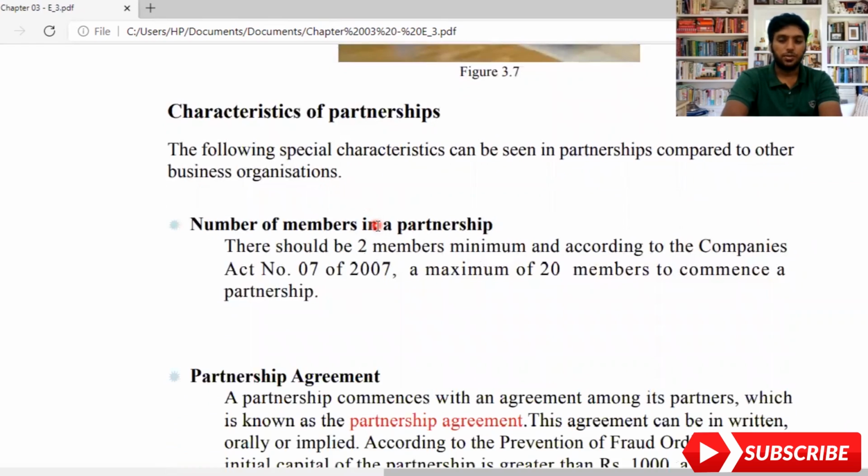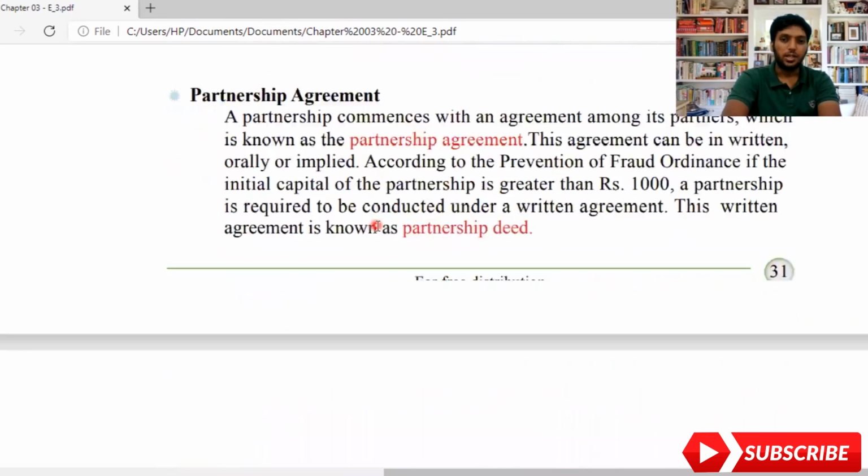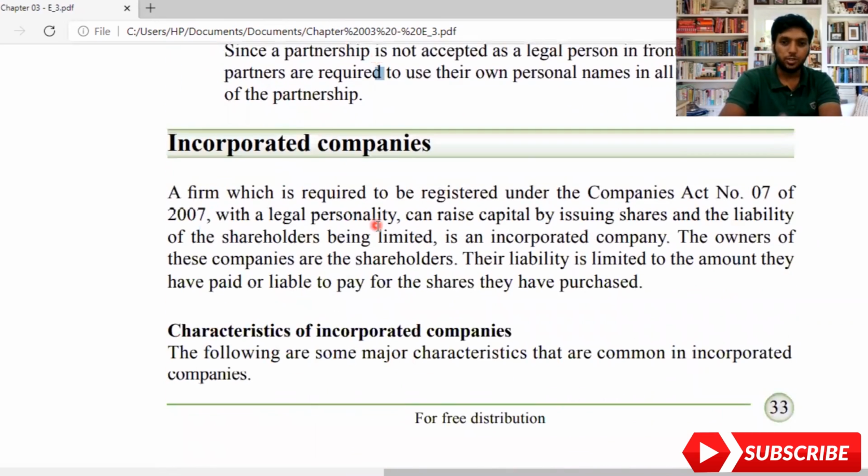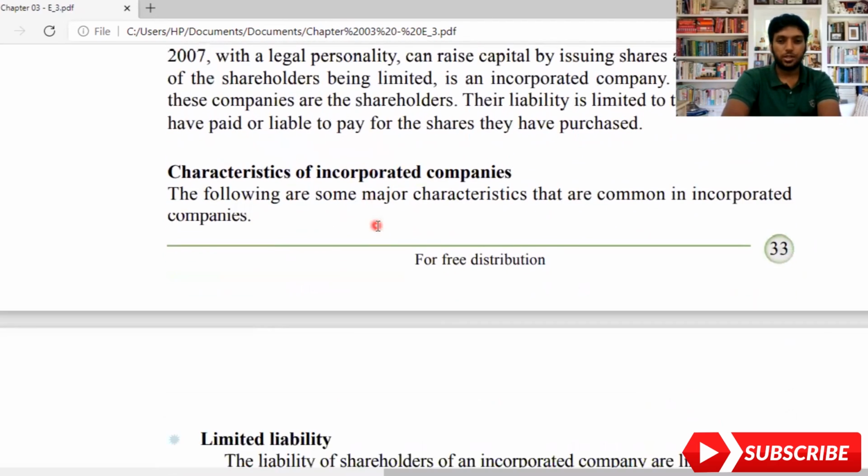If you see here, they register with a minimum of 2 people and a maximum of 20 people, and they should follow the rules of Act number 7 of 2007. The same thing, but here the company should operate or incorporate under Act number 7 of 2007. So both sections are the same. So let's move on to the next part.